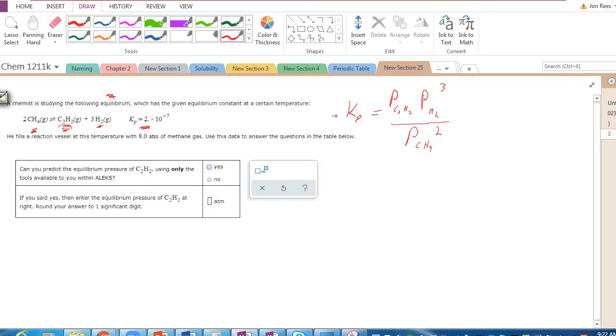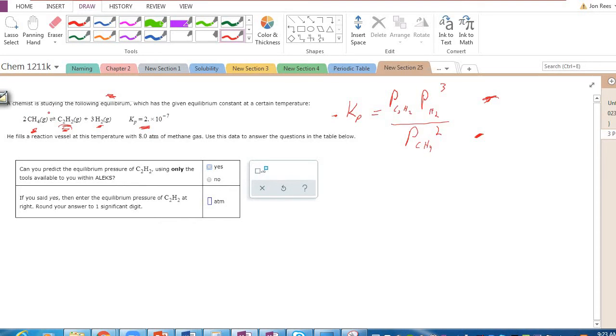A small equilibrium constant means that the numerator is quite small relative to the denominator, meaning that you have much more of the reactant than you do of the products. So there's just not a lot of change.